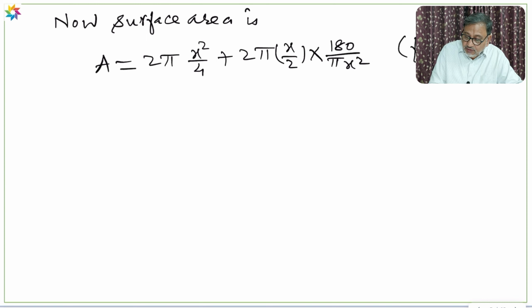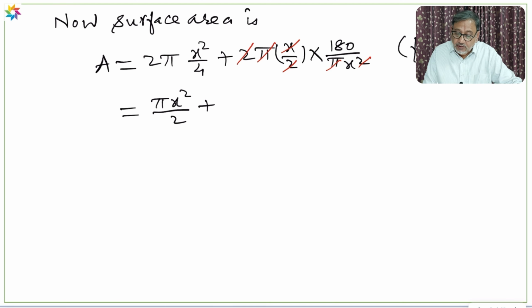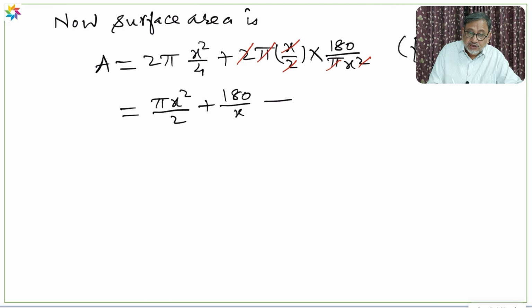So this will be equal to, 2 will get cancelled, pi x square by 2. 2 and 2 here will get cancelled, and pi will get cancelled. One power of x will also get cancelled. So I will be left with 180 by x, right? 180 by x. This is equation number 2.